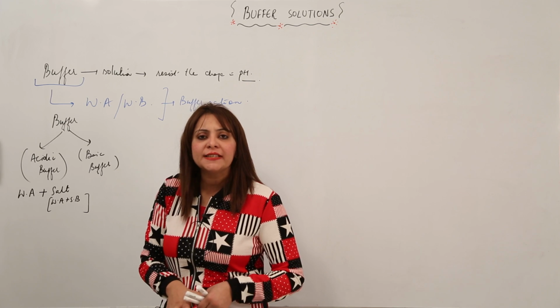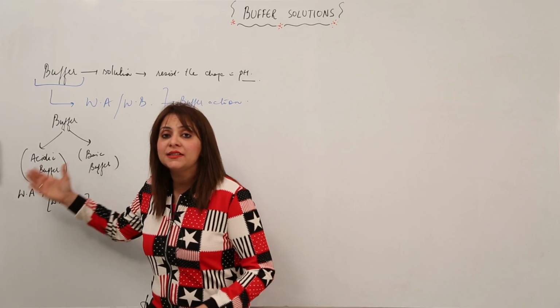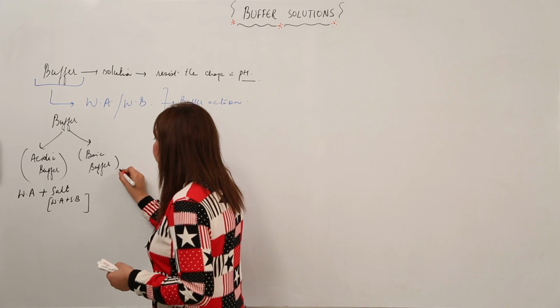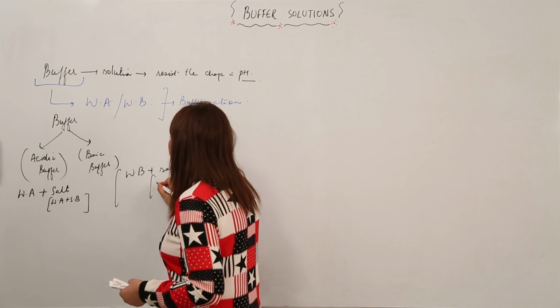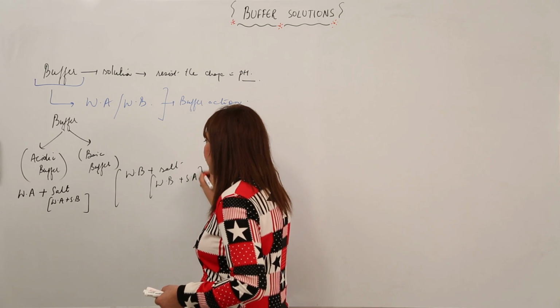I'll explain with an example further, but for the moment I just want you to know what they contain. And the basic buffer contains the weak base plus the salt, which is formed of again the same weak base plus strong acid, right?